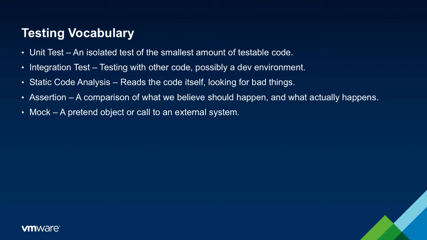Compare that to an integration test where we're testing with other pieces of code, maybe multiple functions or methods at once, or maybe even some external systems, possibly in a development or staging environment. Generally, unit tests are very fast, very quick. They happen in seconds for all of our tests. And then integration tests are generally long-running things that might take an hour or even longer, depending on the size of your scripts and your code.